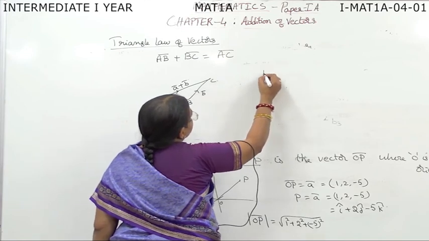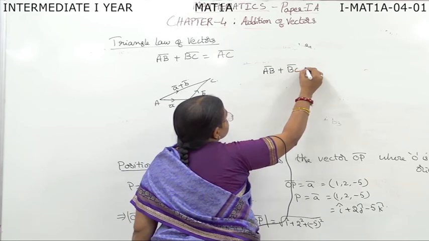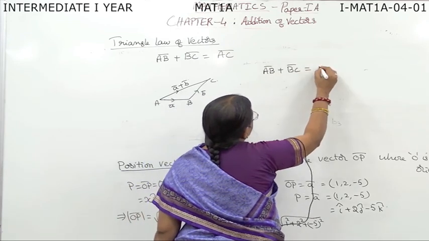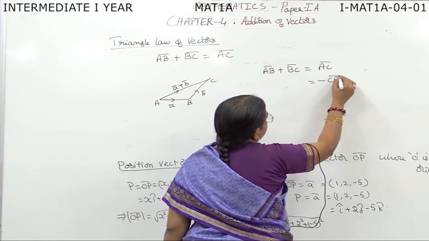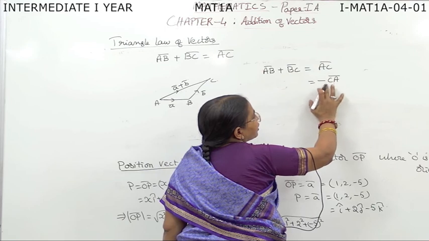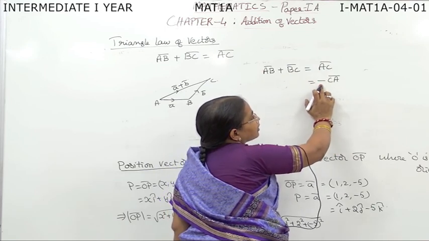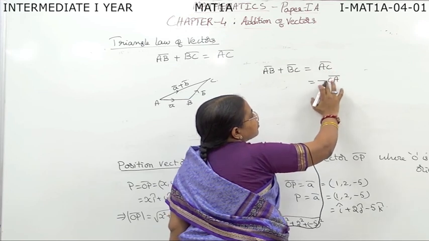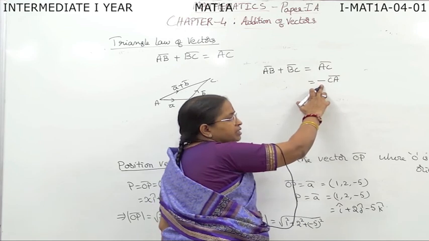Now see, you have AB plus BC is equal to AC. AC can also be written as minus CA. When you interchange the initial and terminal point, that means the direction is changed. So you will write the negative of the vector. AC is minus CA. You are changing the direction, so you must change the sign.